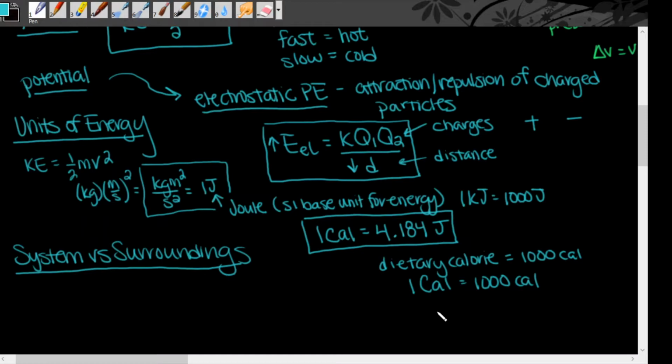A dietary calorie is really 1 kilocalorie. So that would look a lot worse on the back of your candy bar, right? 250,000 calories. Okay, but that's not super important. That's just an interesting little side note. But you do need to know that 1 regular calorie is 4.184 joules. It's very important for us to be able to convert between calories and the SI base unit of joules.